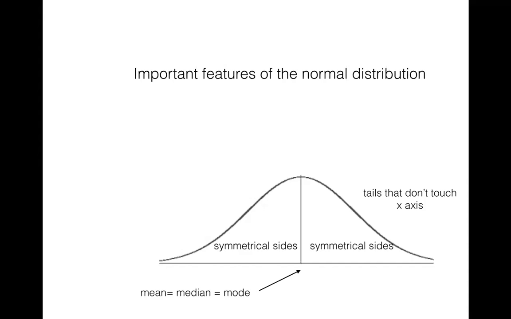Basically, if the tails touch the x-axis, technically we would be saying there's no such thing as outliers. So the curve is always going to get infinitely closer to the x-axis, but it's never actually going to touch it. And the last feature is one I'm going to put again because it's so important. We know the area under that curve is going to total 100%.